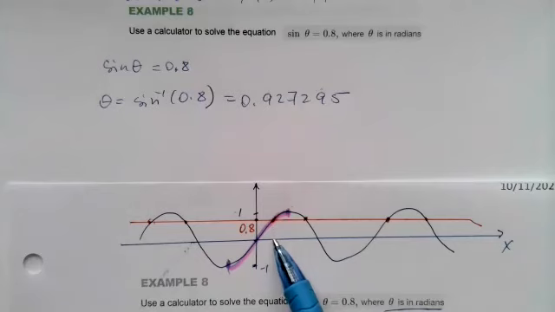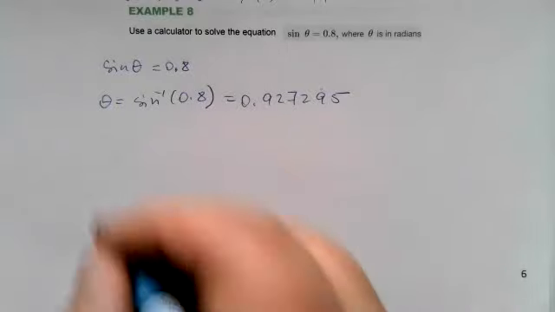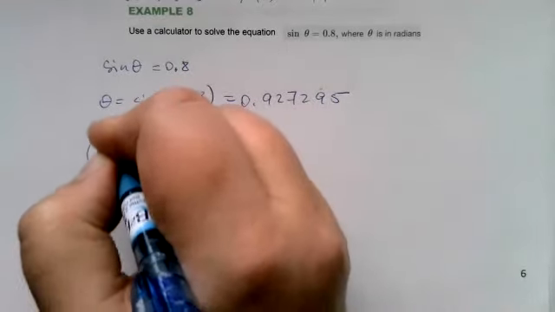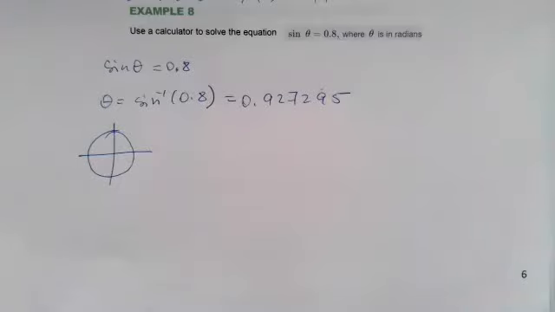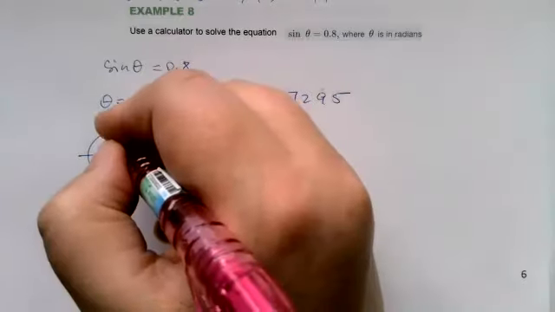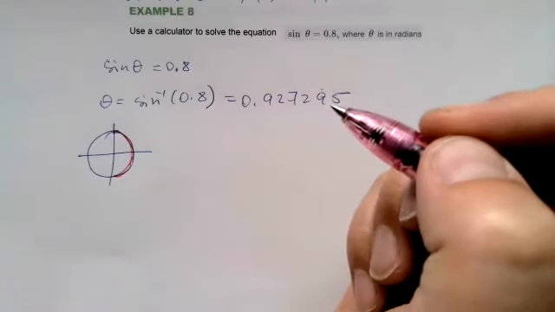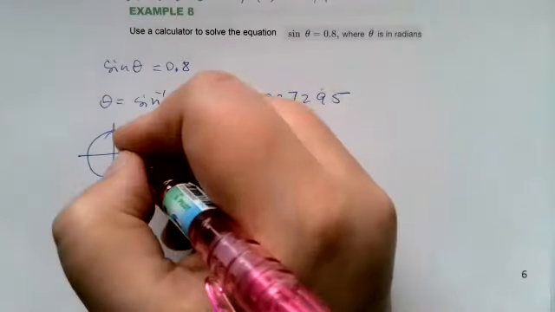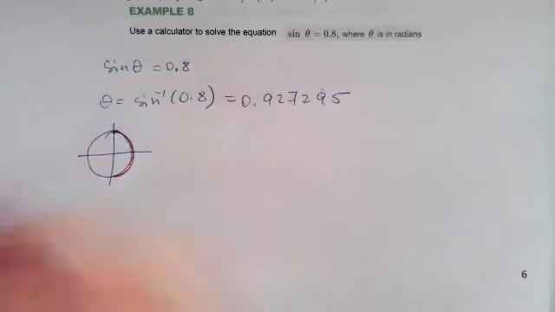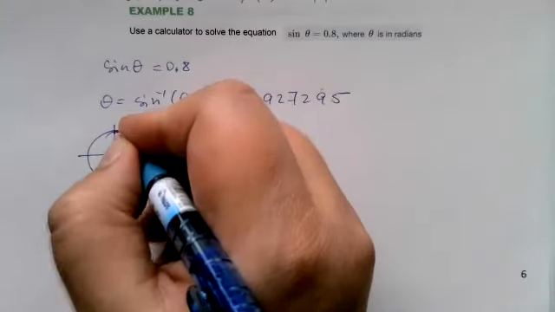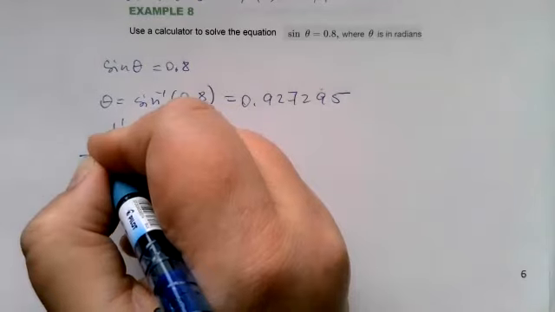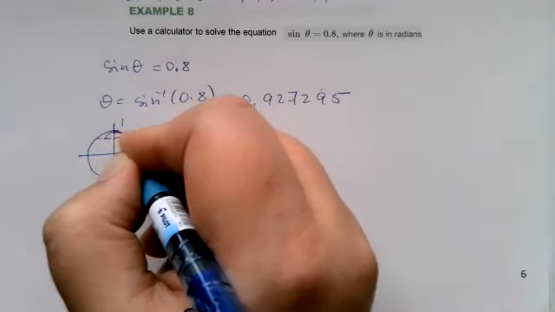So what we found is this value right here, 0.927295. If we look at the unit circle, remember that's the value from this side of the circle. So this is 1, -1, and 0.8 is somewhere here.